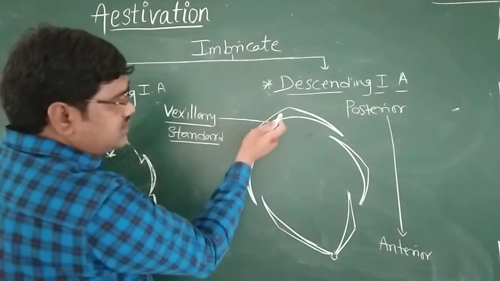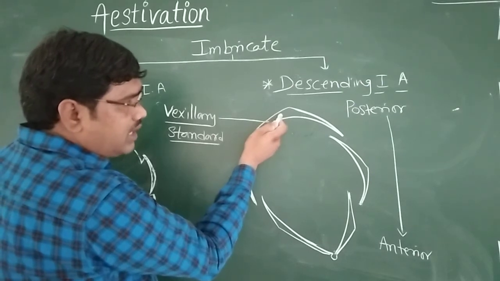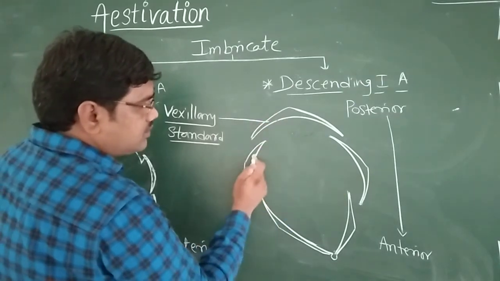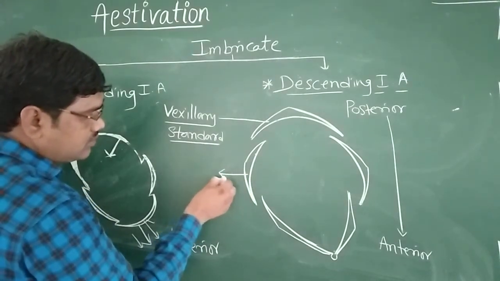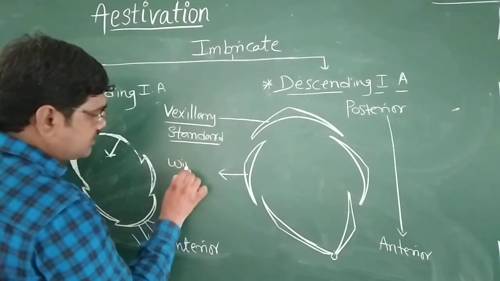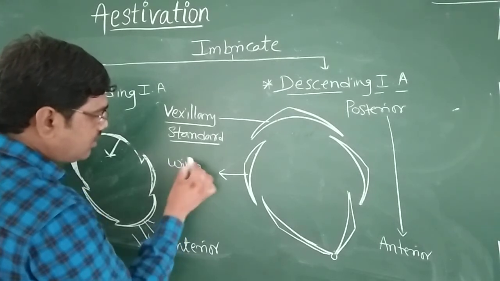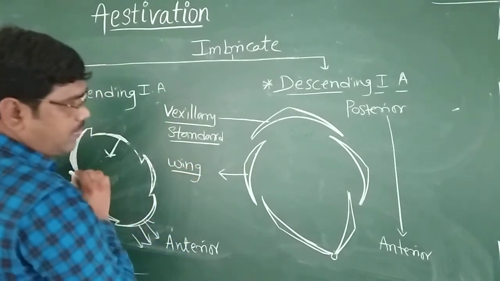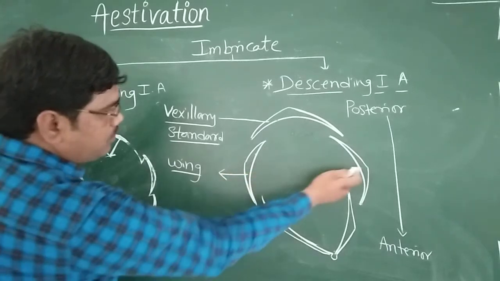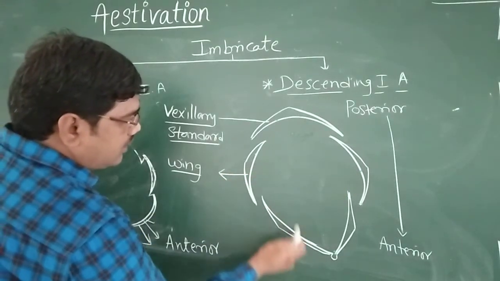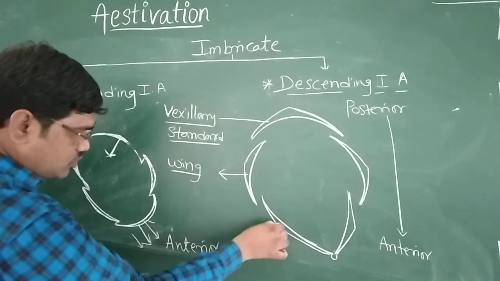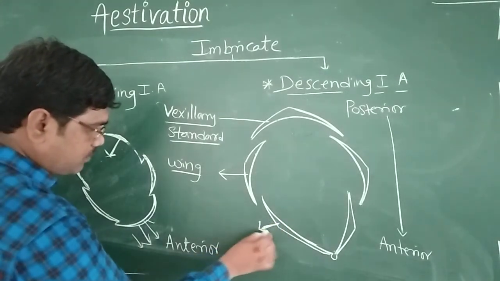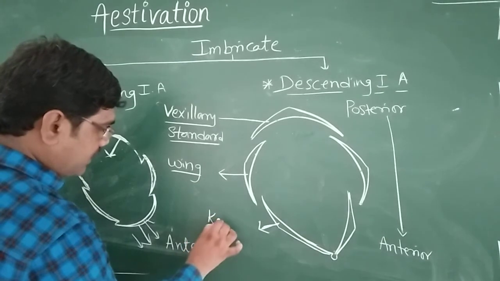Okay, now. So this largest petal overlaps the remaining two petals. These two petals are called wing petals. Next, these two petals are overlapping the next two petals, so these two petals are called keel petals.